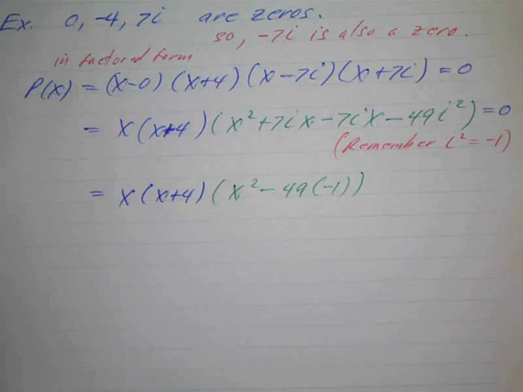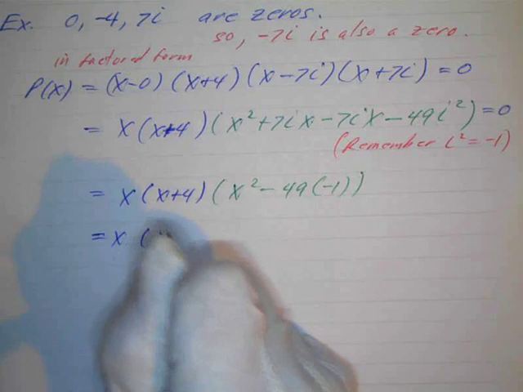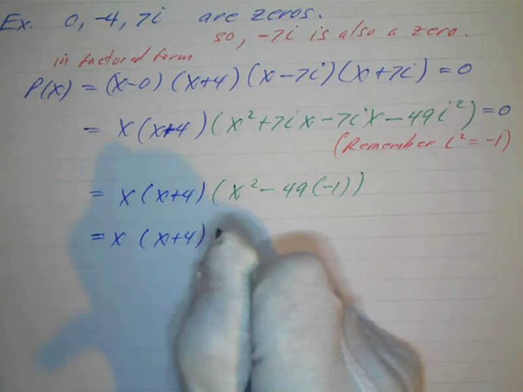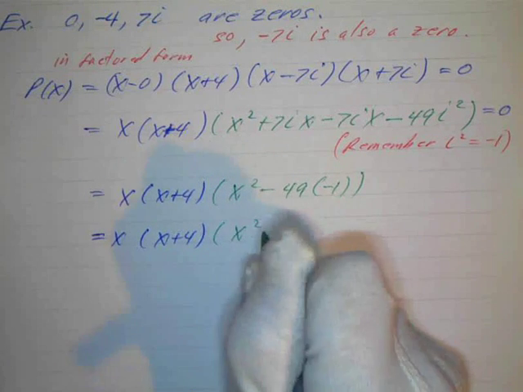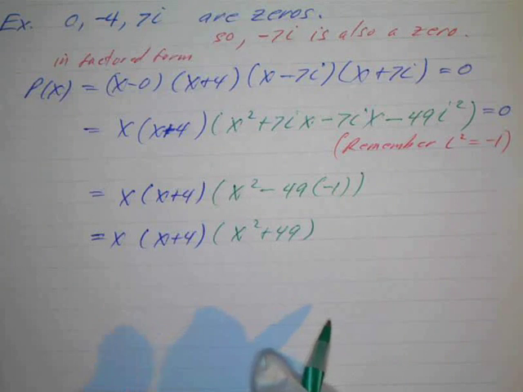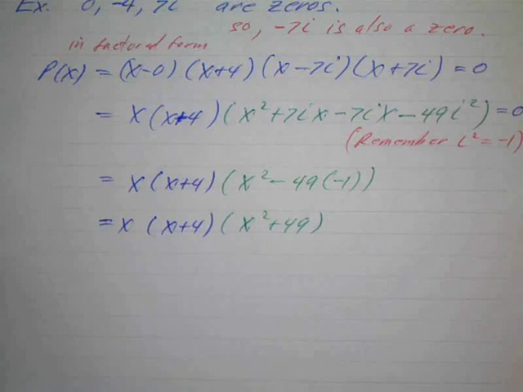So now we've got x times x plus 4, and that's going to be times, and a negative times a negative is positive, so x squared plus 49. Now that isn't too bad because we've got a nice binomial here, which is relatively easy to multiply out.